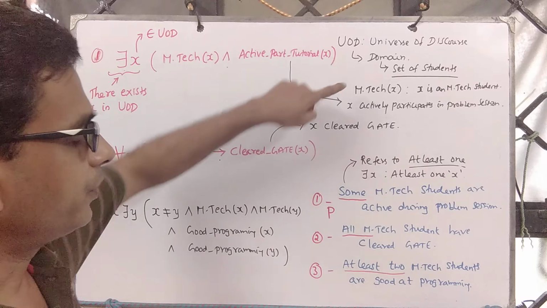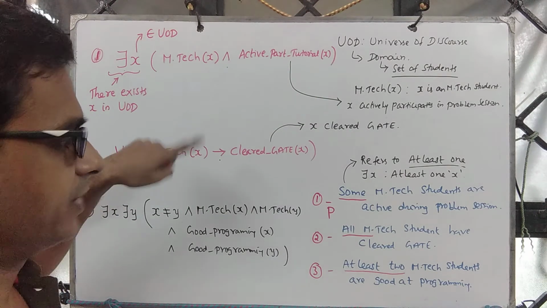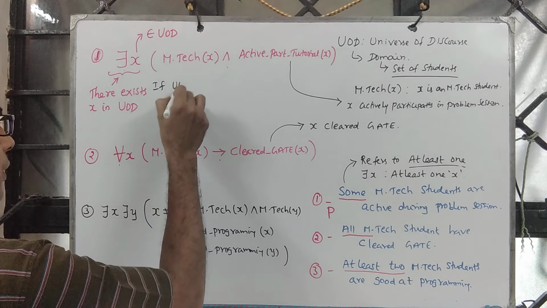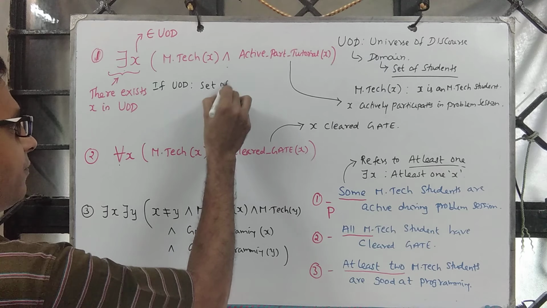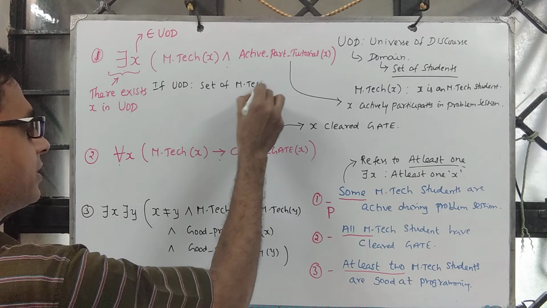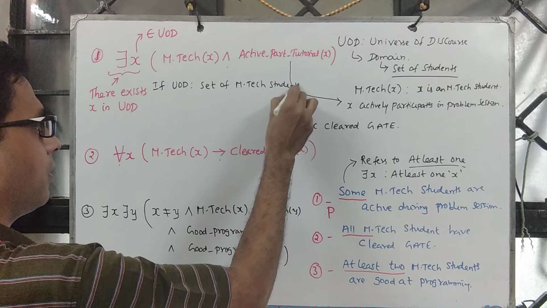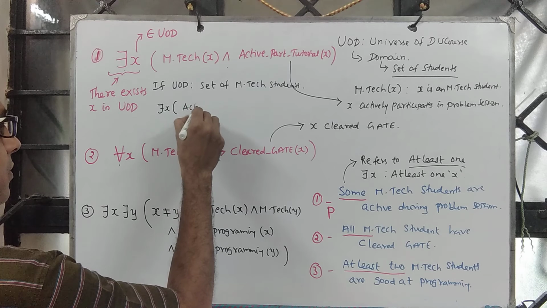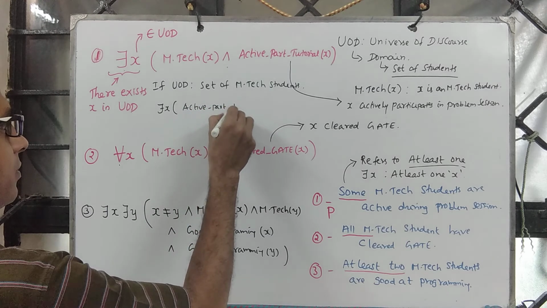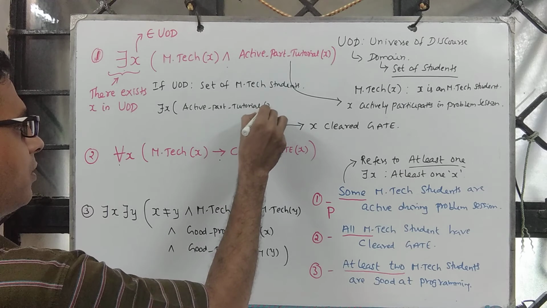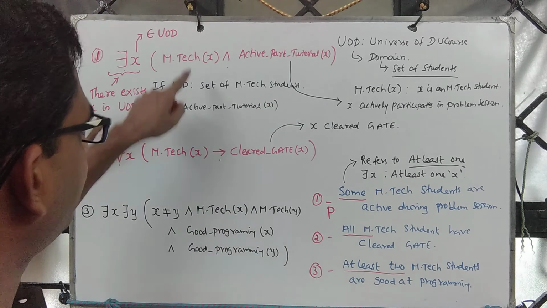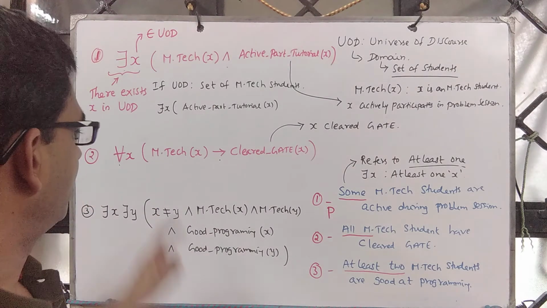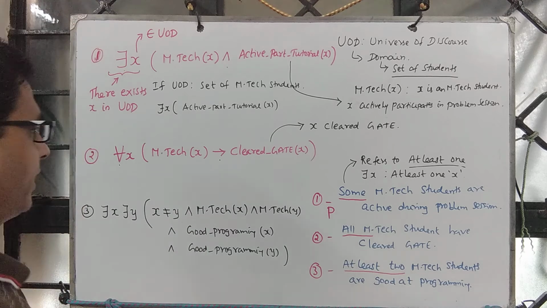Now according to the domain, the way you write changes. For example, if UOD is set of, instead of student, it is set of MTech students, then this becomes there exists x active participation tutorial of x. You can drop MTech of x because what you work with is the set of MTech students. Similarly, in this you can drop MTech of x.